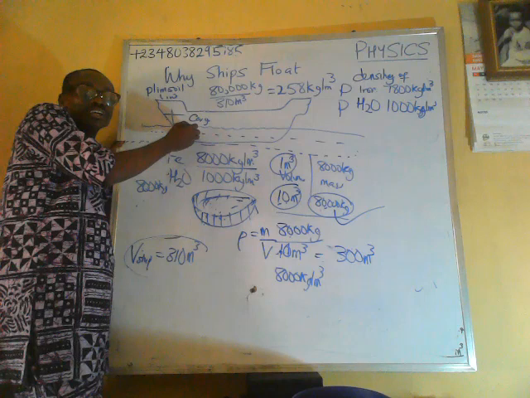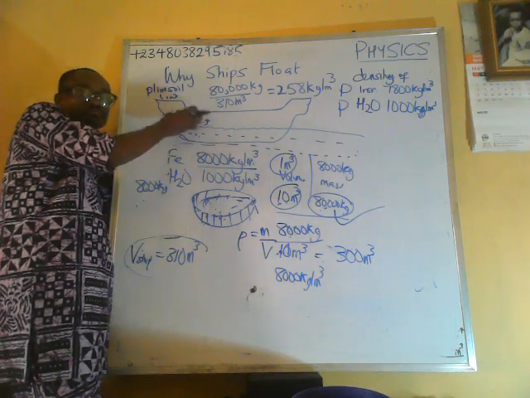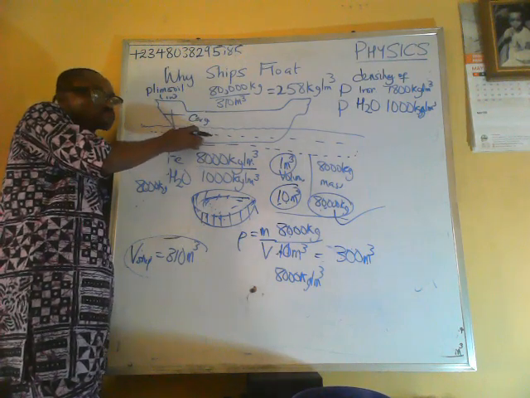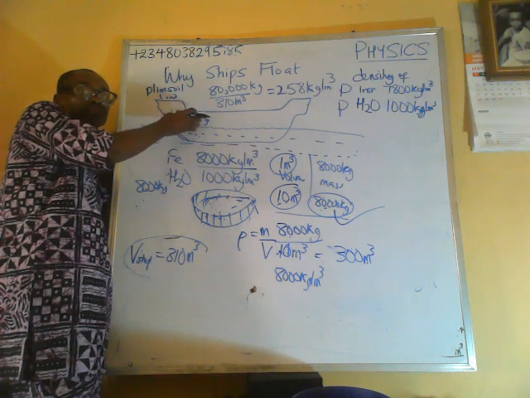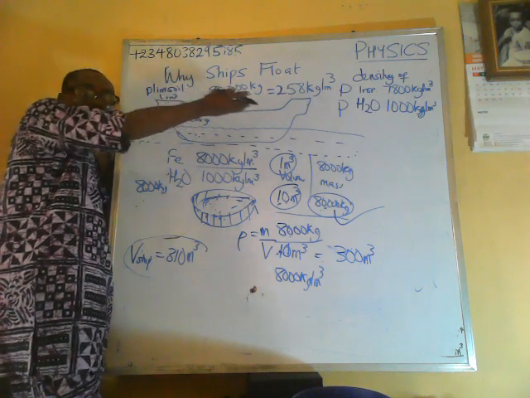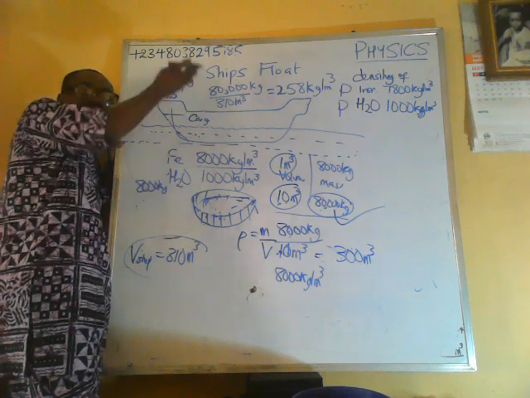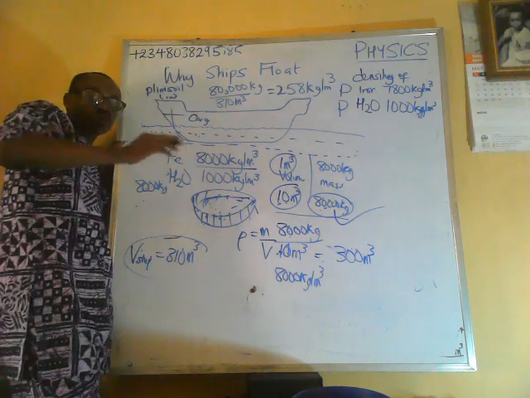And also, there is also a safe level that the ship is supposed to be submerged below. Like now, there's a point whereby that level of the ship has to be below water, and there's a point that the ship should not get below water, below that level.